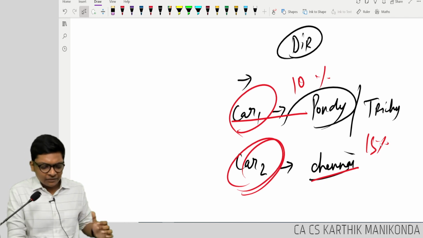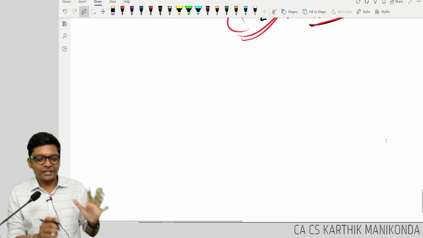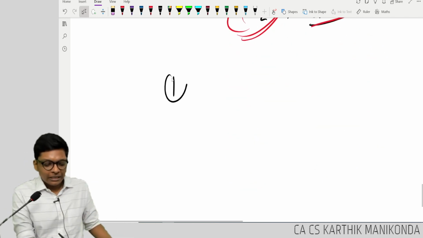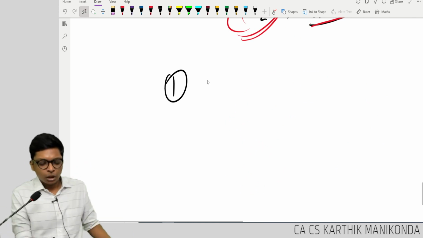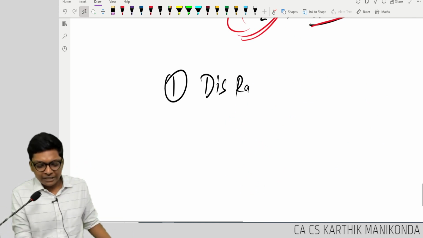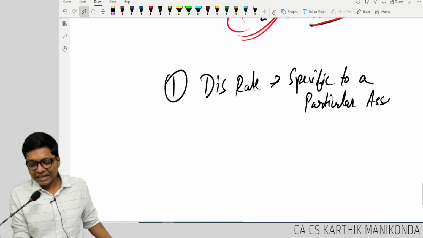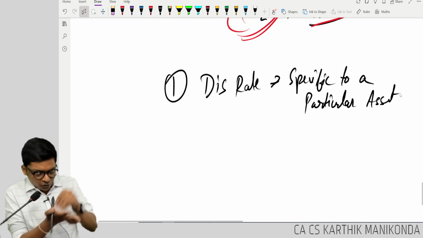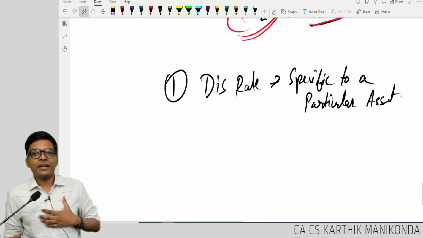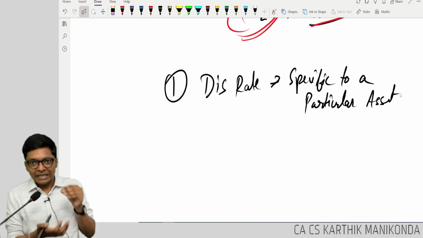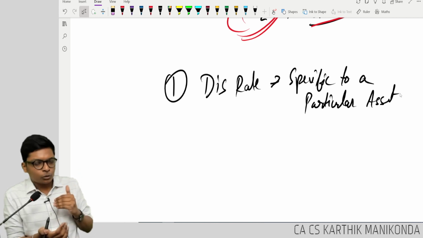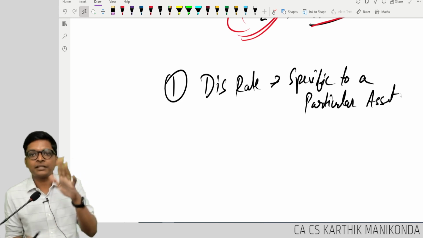So the standard gives a simple guidance. Sir, is that okay sir? For exam, what I should remember? Standard says first look for the discounting rate which is specific to a particular asset, and for that asset what is specific? Not everybody can take a Dolo when they get fever. Each patient, the doctor has to individually assess and give a medicine, correct?